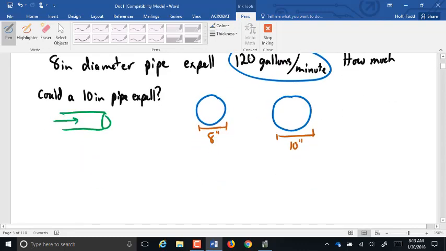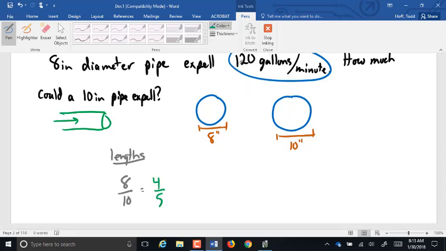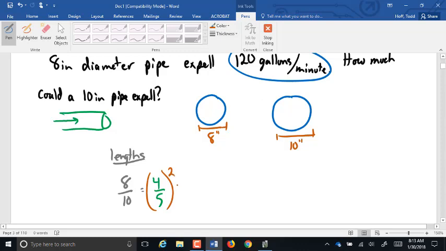So our ratio of lengths is 8 to 10, which of course reduces to 4 to 5. We are going to square that to get a ratio of areas of 16 to 25.